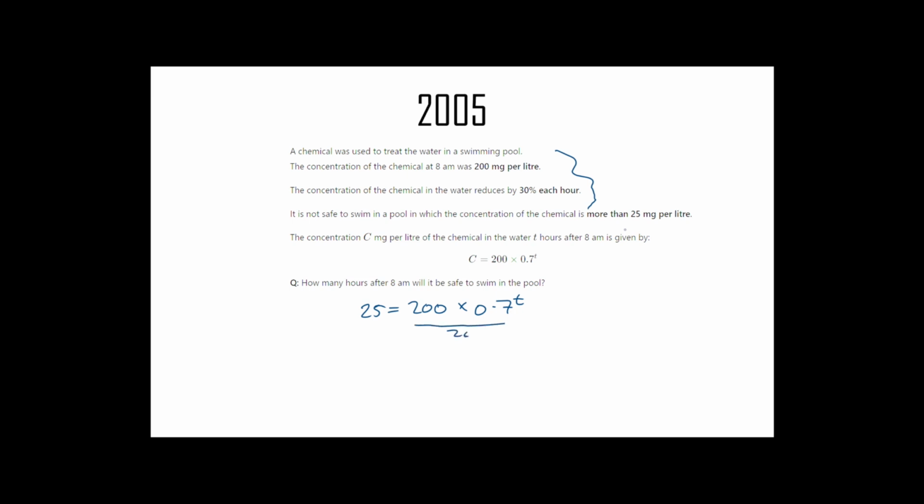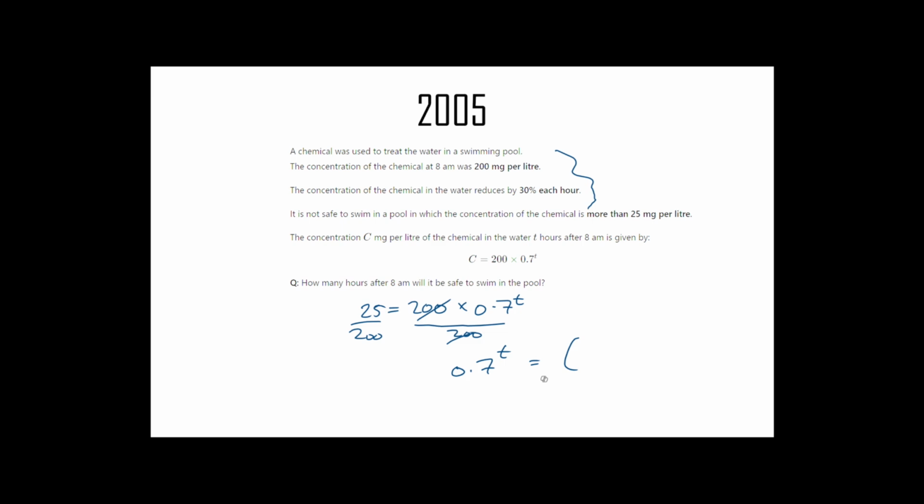Okay. We're going to set that equal to 25. We're going to divide both sides by 200. They're going to cancel. So 0.7 to the power of t equals this. So it's going to be what, 1 over 8, isn't it? 25 divided by 200.